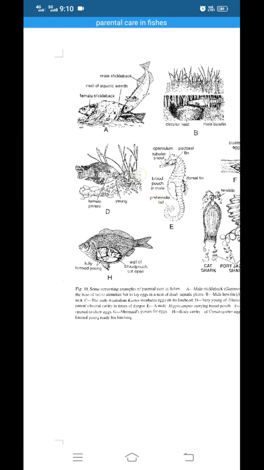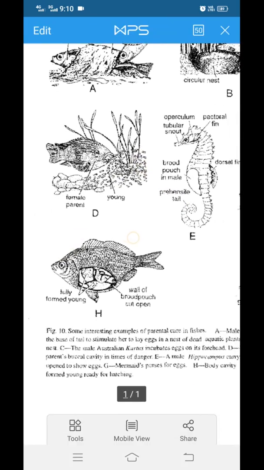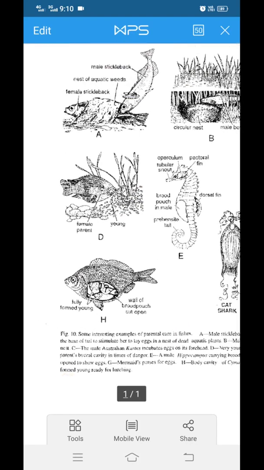Here in this diagram is an example of a mouth brooding fish.